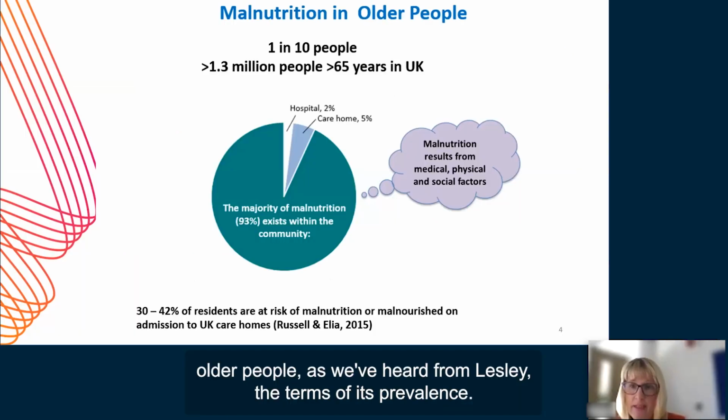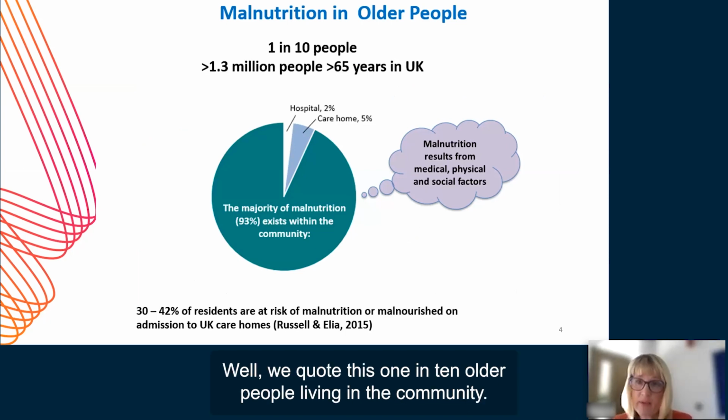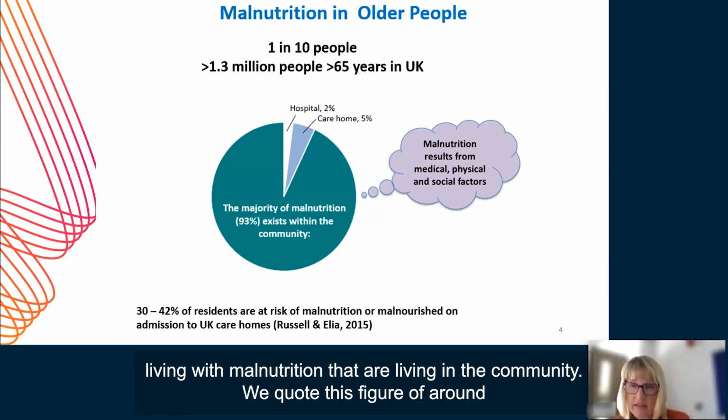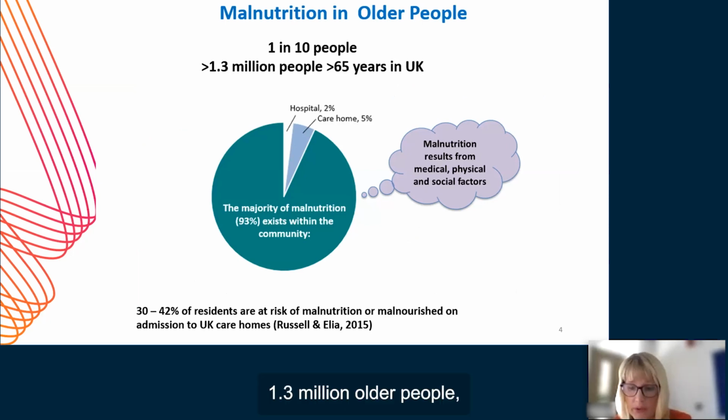Malnutrition in older people, as we've heard from Leslie, in terms of its prevalence, well, we quote this 1 in 10 older people living in the community, and that's the majority of older people living with malnutrition. We quote this figure of around 1.3 million older people, those over 65 years.